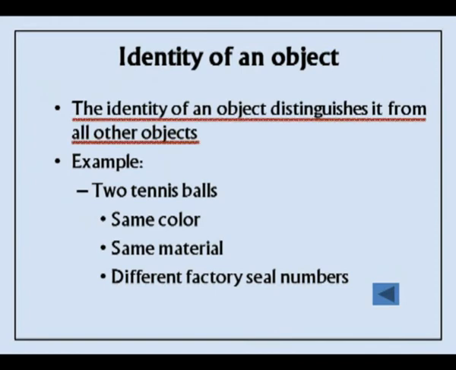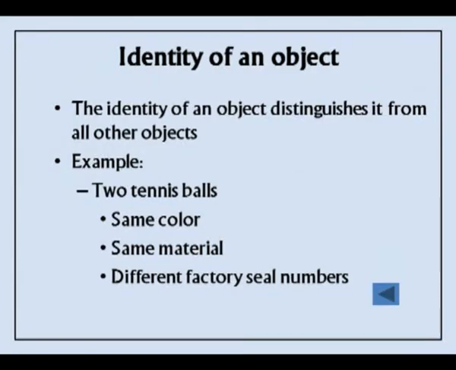Next, you have the unique identity of an object. Identity, as we all know, every human has an identity, a different name, something to identify them among other people. Similarly, every object has an identity. This identity depends on who is manufacturing that object or who is using that object.